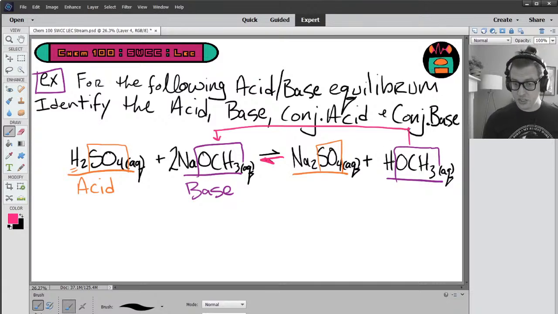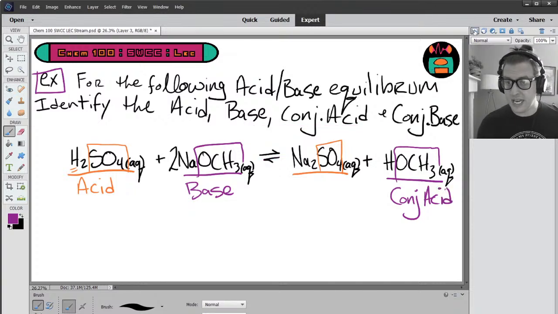You have an H on that O, but that H is gone. It's been replaced by a sodium. So in the reverse reaction, methanol is the acid, and the name of an acid for the reverse reaction is a conjugate acid.